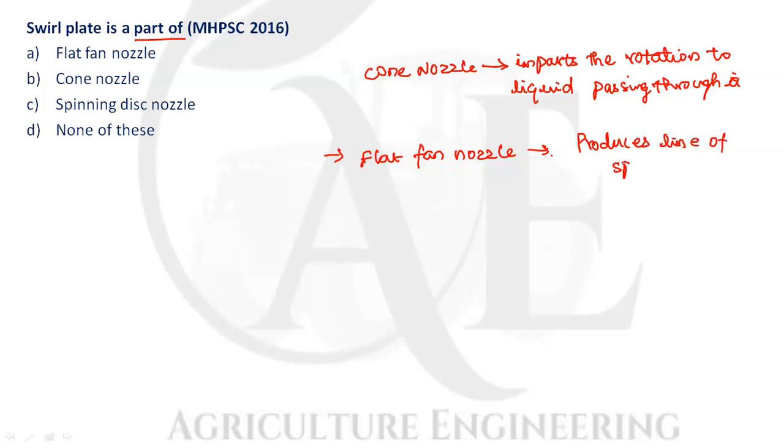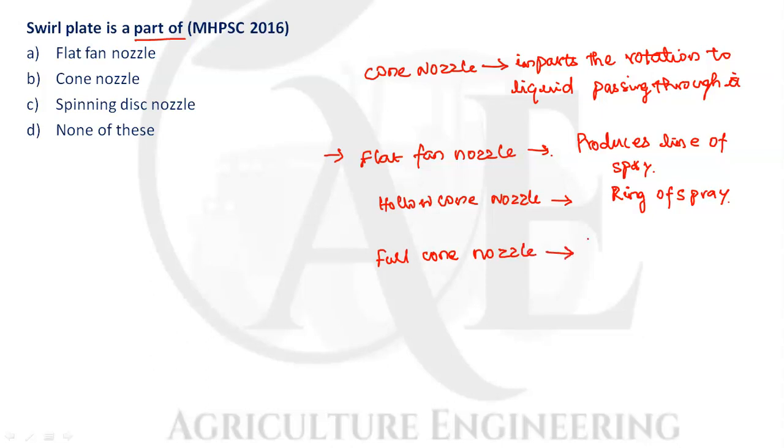Another one is the hollow cone nozzle, which produces a ring of spray. Another one is the full cone nozzle, which produces a solid circle of spray.